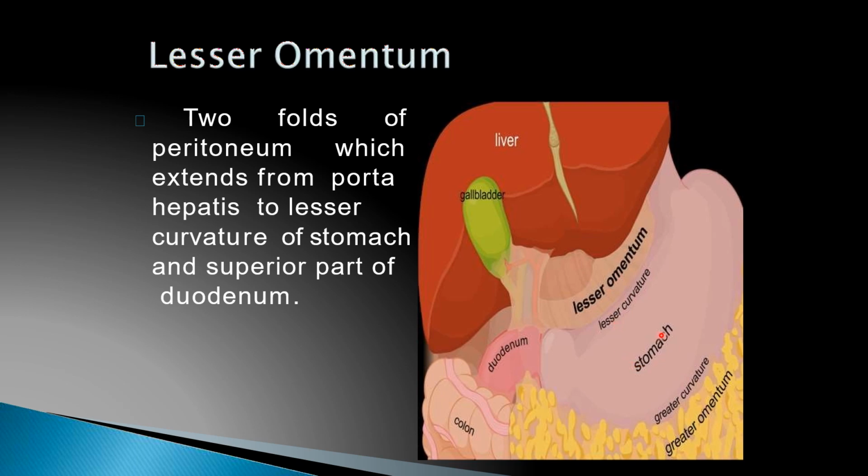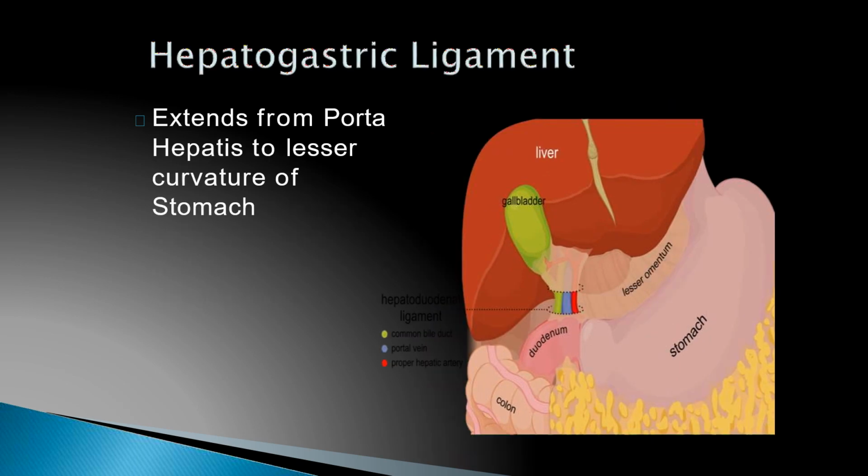This is the stomach and this is the lesser curvature of the stomach, and one to the duodenum, its upper part. The hepatogastric ligament is a segment of the lesser omentum which attaches the porta hepatis to the lesser curvature of the stomach. That is called the hepatogastric ligament.